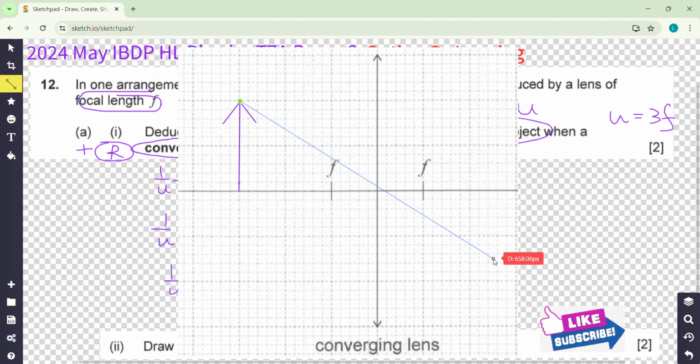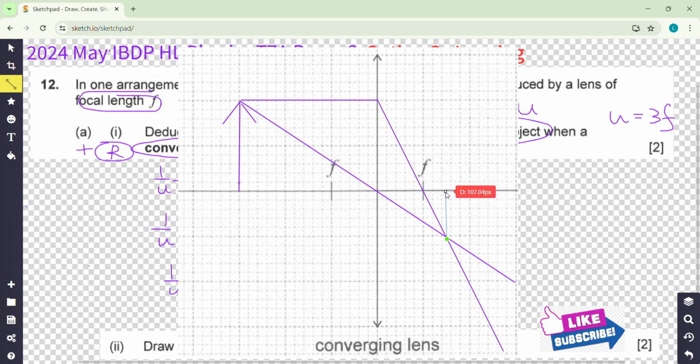Passing through the optical center, without bending, make it larger. Good. And then parallel to the principal axis, pass through F. Remember, use the ruler. And then you get the image at the point of intersection.